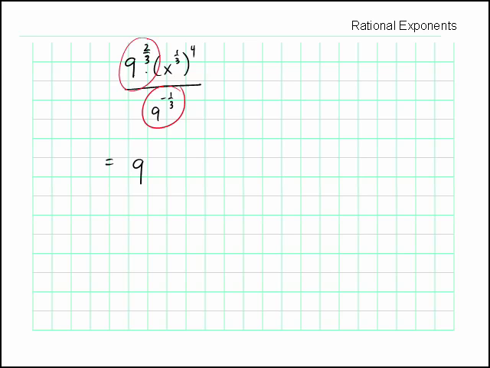So this is 9 to the 2/3 minus a negative 1/3. Right here, I'm supposed to multiply those exponents together, and so that gives me x to the 4/3. This is really 9 to the 3/3, if you add those fractions, which is really a 1. So this is 9x to the 4/3 power.